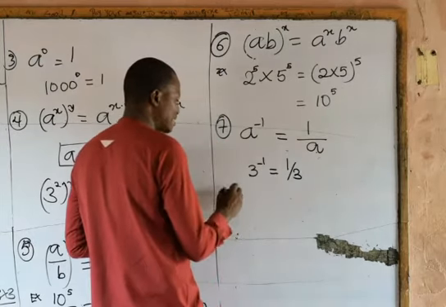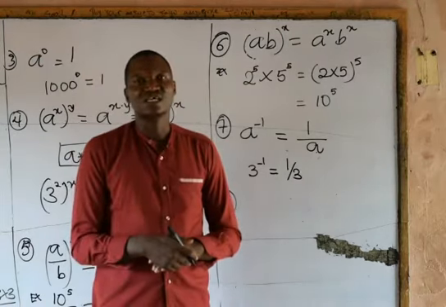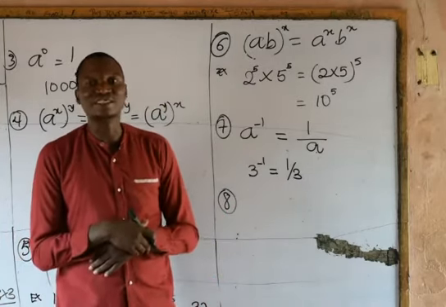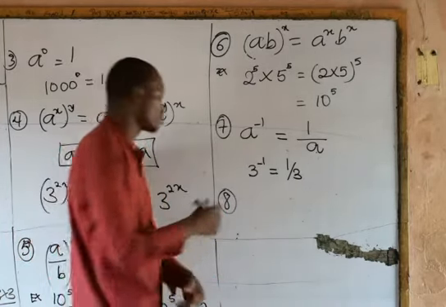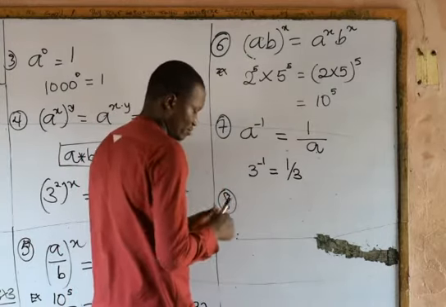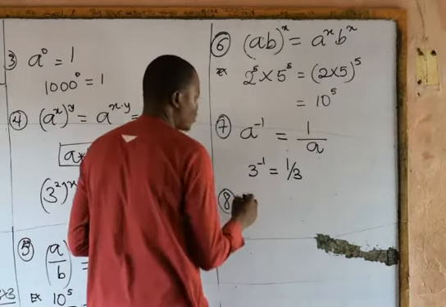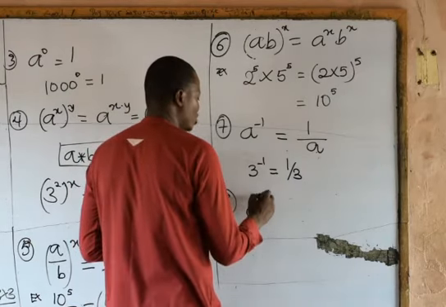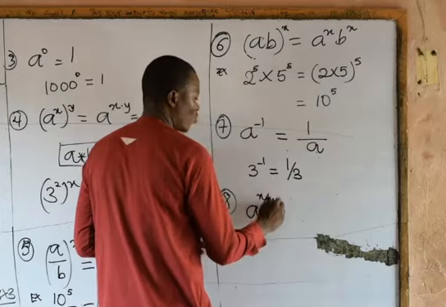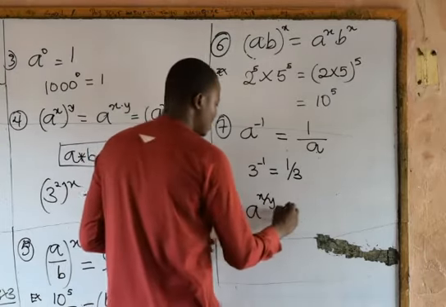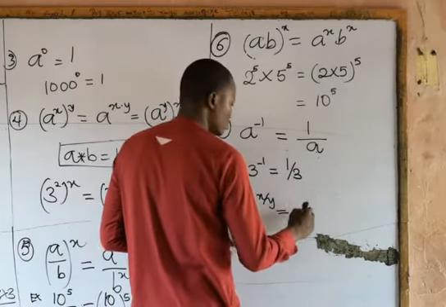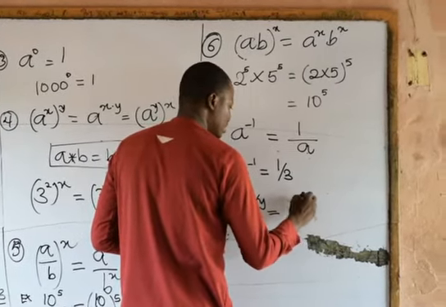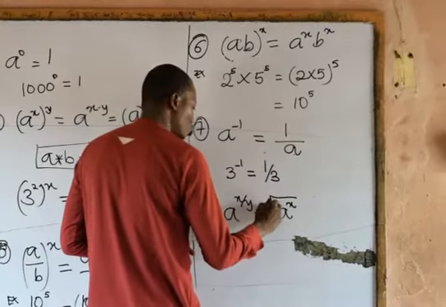Let's go to the 8th law. The 8th law is talking about having a radical power. When I have a fractional power, which will lead to a radical, when we have a raised to the power of a fraction x over y, then it will be equal to a raised to the power of x, then at the root of y.